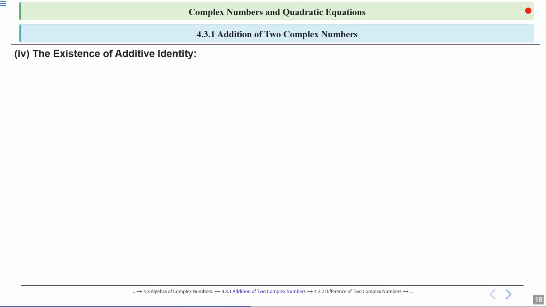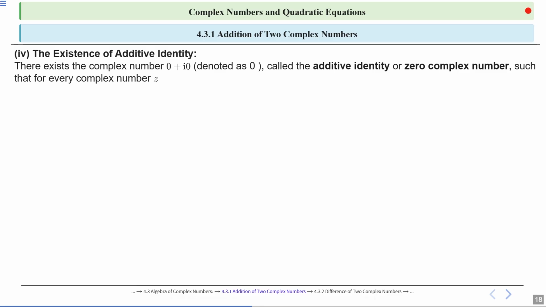Now we are going to discuss an important property of complex numbers, the existence of the additive identity. This is a fundamental concept in mathematics, and it means that there is a special number called the additive identity, which you can add to any complex number without changing its value.